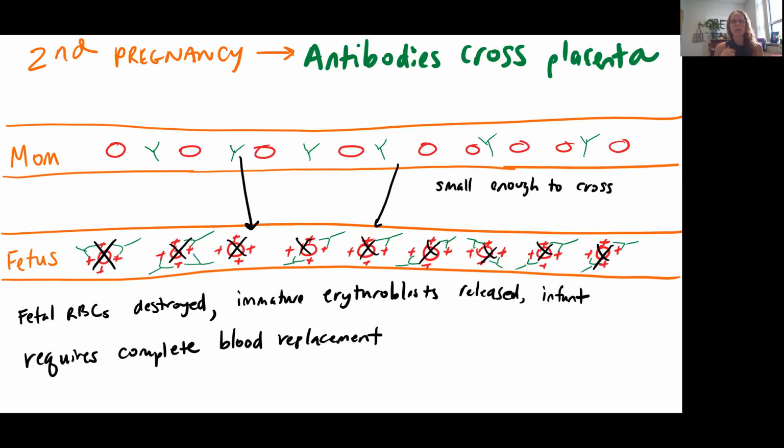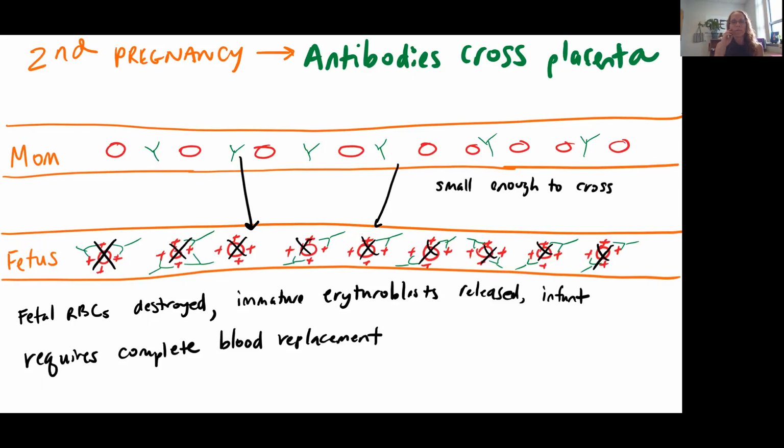And so we're going to see that immature erythroblasts are going to be released. If they're immature, they're not fully functioning red blood cells, they don't have all that hemoglobin, they don't have all those properties of a mature red blood cell, so they're not going to be able to move through the infant's cardiovascular system and all those tiny capillaries and deliver oxygen the way that they need to.